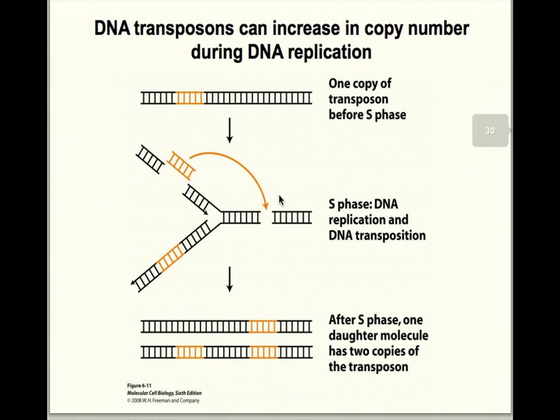So again, this is cut and paste, not copy and paste. Transposons don't actually replicate themselves unless it happens that after the transposon is replicated, it moves in front of DNA polymerase and then gets replicated again.